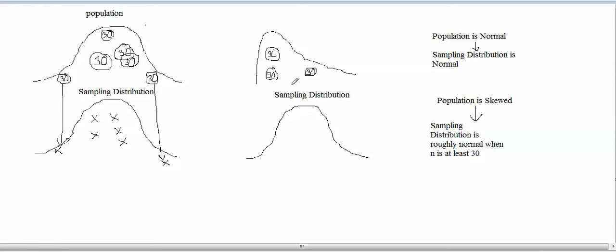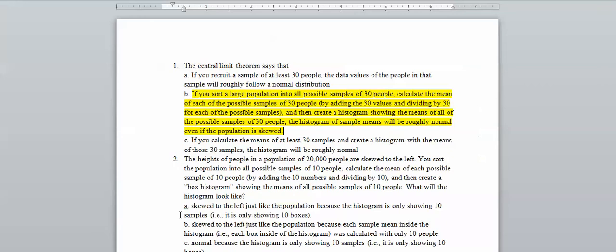Having 30 sample means isn't what's going to make this normal. What's going to make it normal is the fact that we're using 30 people each time, and each sample has 30 people inside of it. So it's not the number of samples that needs to be 30, it's the number of people inside each sample that needs to be 30. So that's why C isn't correct. It's the sample size that matters, not the number of samples.